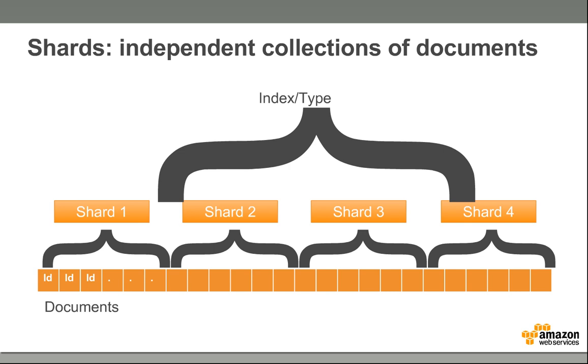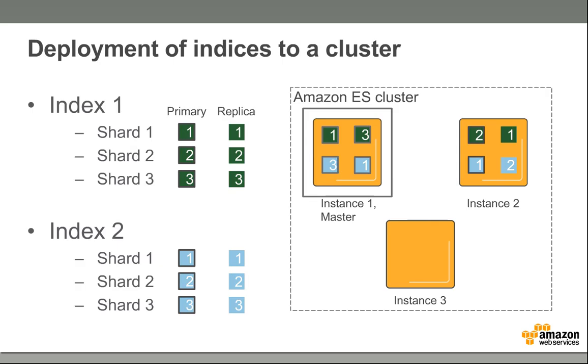If we see the full document set at the bottom, we have in this case 4 shards for this index, each a portion of the full document set. A shard is a Lucene index.